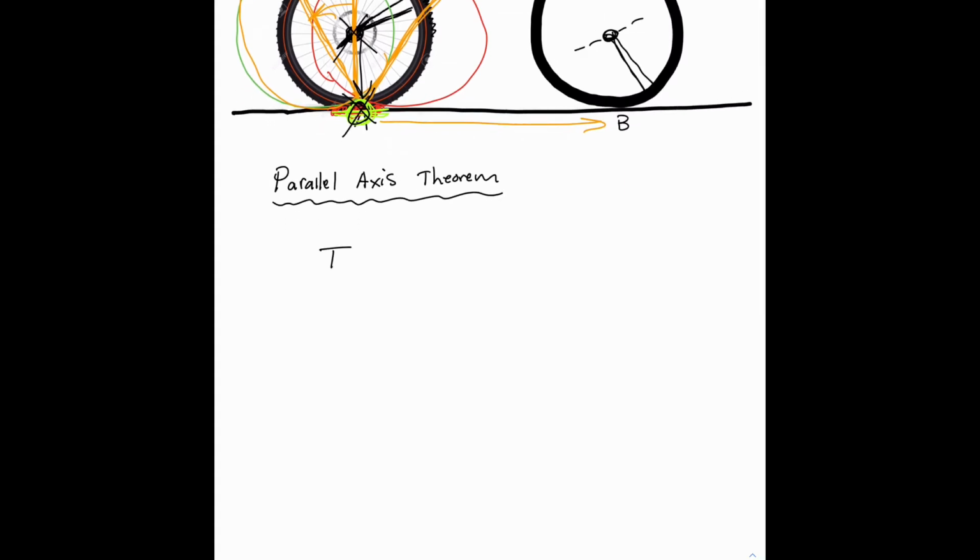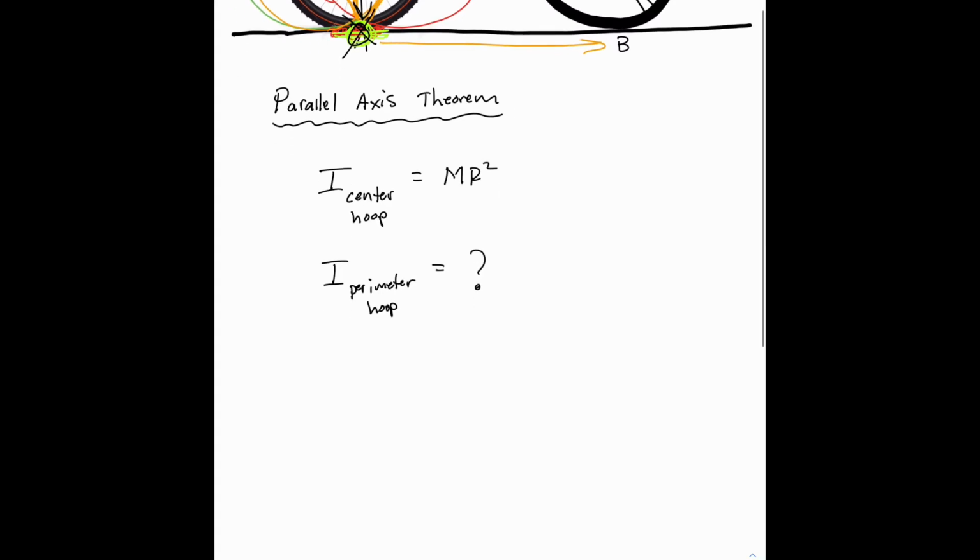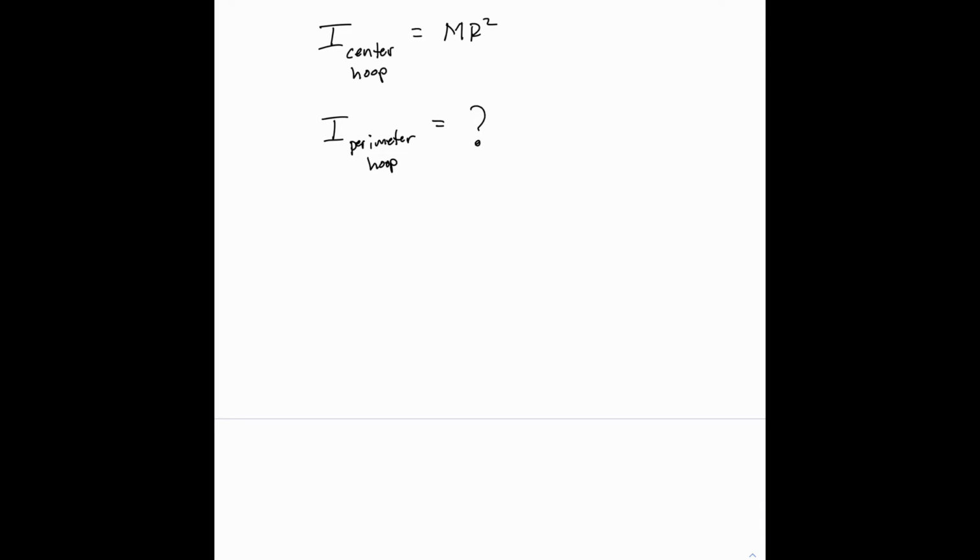So we'll say that I center for a hoop is equal to mr squared, but I about an axis passing through the perimeter of the hoop is equal to, not so sure. Well, without deriving it, I'll state the parallel axis theorem.